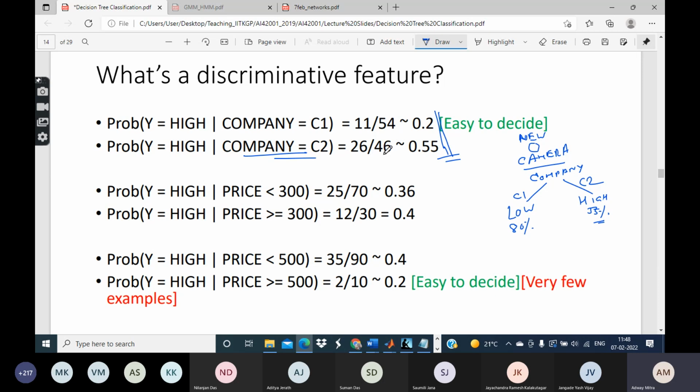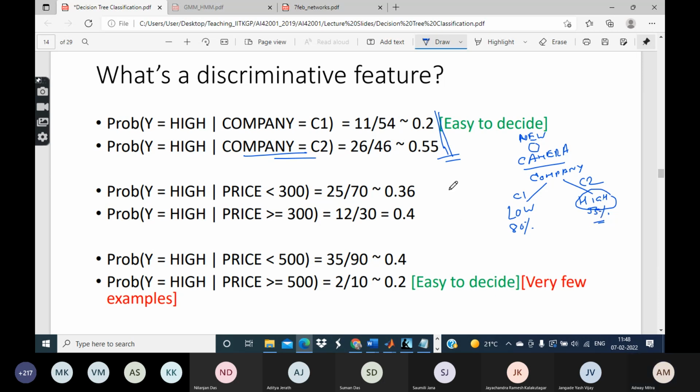Because out of the 46 examples which I have seen so far, among those which belong to company C2, 55% of them have got high ratings and 45% have got low ratings. So there exists a difference between them. I will decide high rating, but the difference is not much.